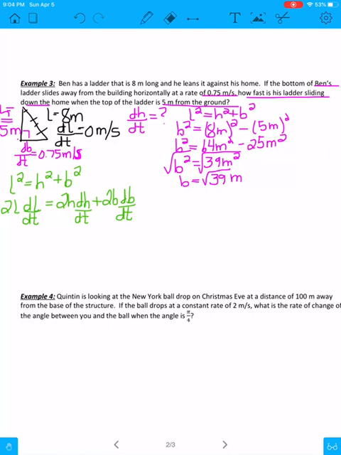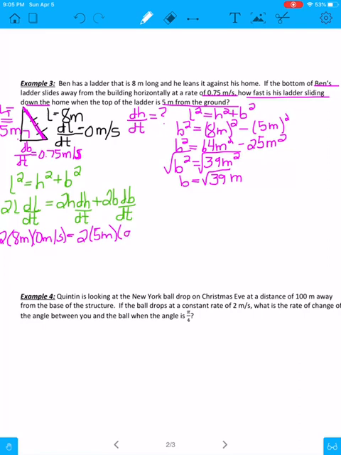Okay? Now, 2 times the length, which is 8 meters, times the length with respect to time, which doesn't change. It's the length of this ladder. With respect to time, the ladder will move down and up, but the length of the ladder doesn't change. So it's 0 meters per second, equals 2 times height, which is 5 meters, times dH over dt, which we don't know.